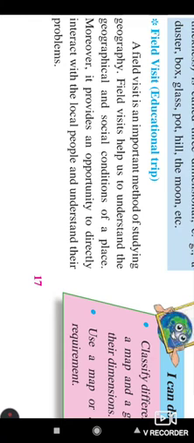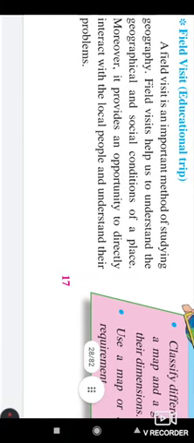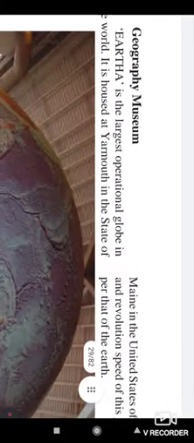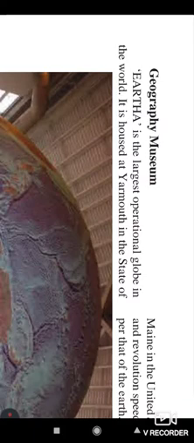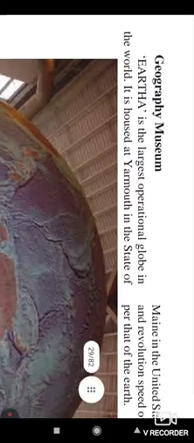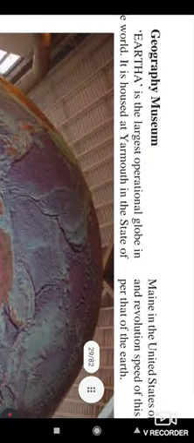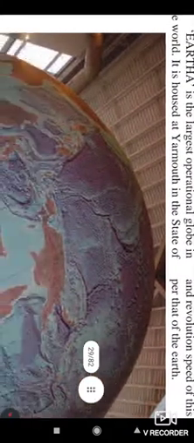Moreover, it provides an opportunity to directly interact with the local people and understand their problems. Geography Museum Artha is the largest operational globe in the world. It is housed at the Yarmouth of the state.